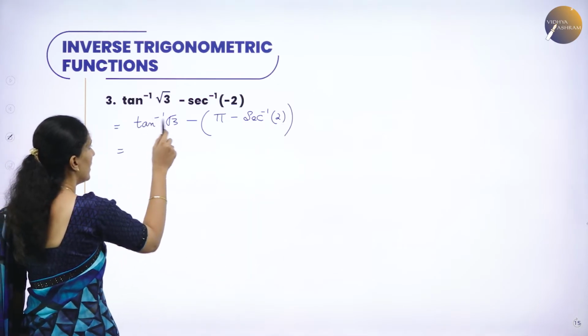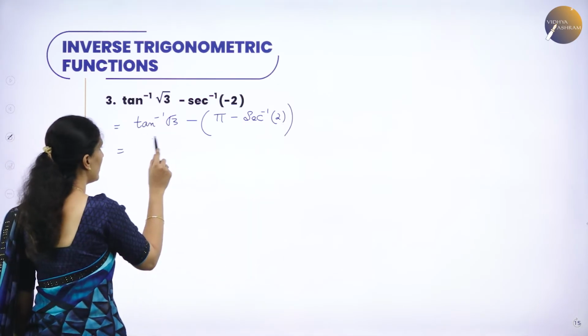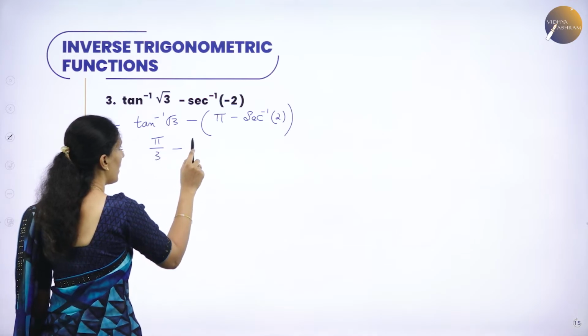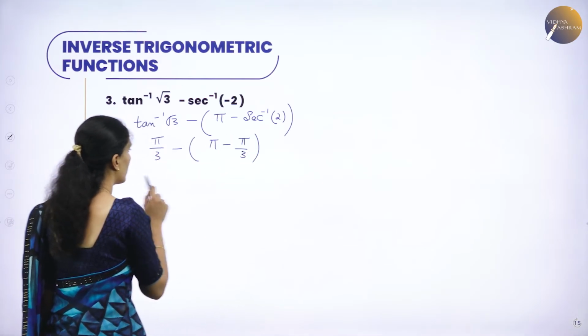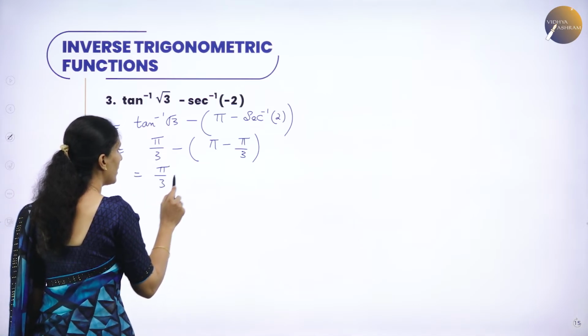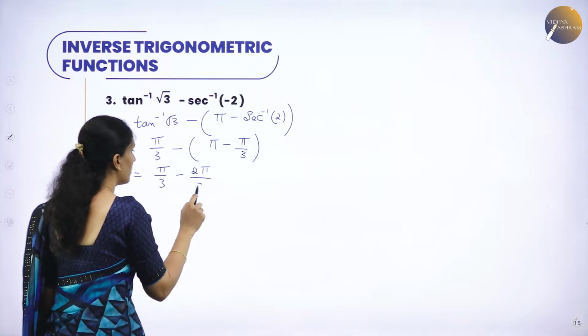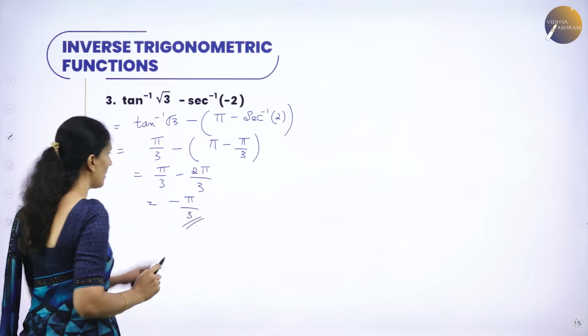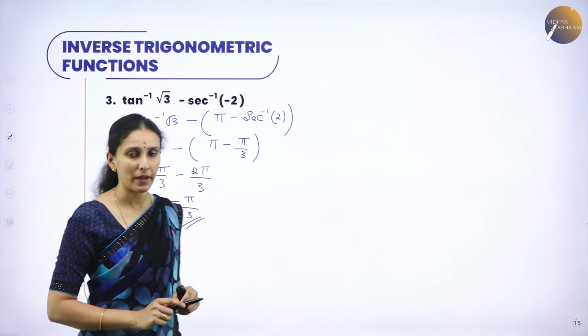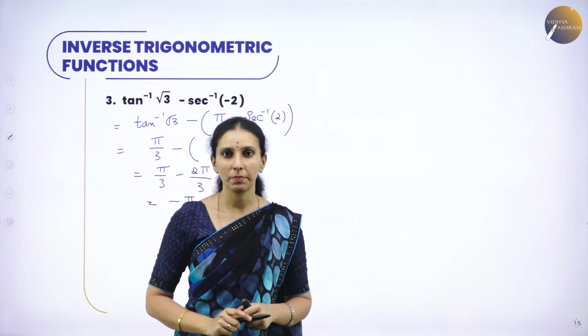Here tan inverse root 3 is pi by 3, minus pi minus pi by 3. So pi by 3 minus 2 pi by 3, which is equal to minus pi by 3. The denominator is same, so pi minus 2 pi is minus pi. So hence the value is minus pi by 3.